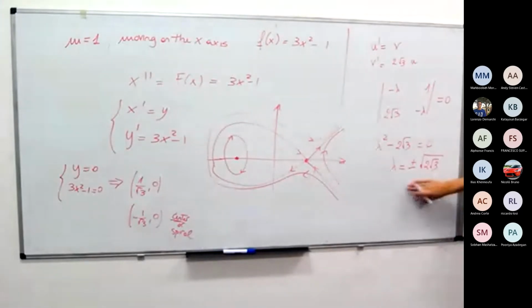So look at that. These are two distinct eigenvalues. They are both real. One is negative and the other one is positive. So I know that for the linear system, this corresponds to a saddle.